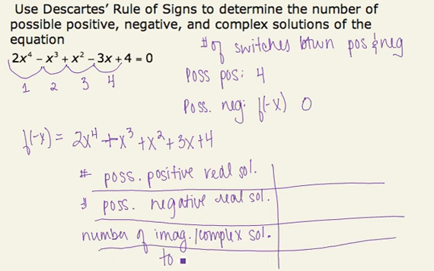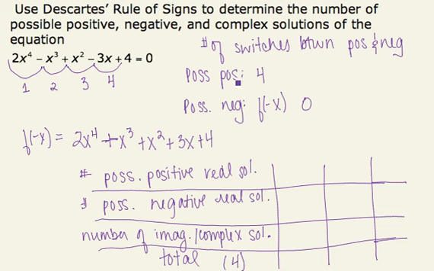And we always want to ensure our total. Well, there are 4 possible solutions to the equation because we are in degree 4. So I always want to make sure my total in this case is 4.